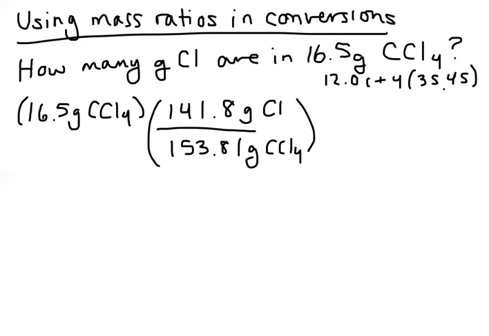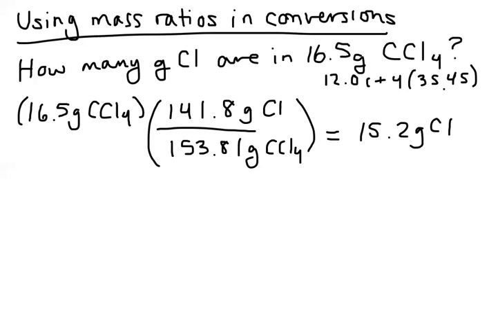And when you do that math, it's going to give you 15.2 grams of Cl. I'll show you the longer way in case you want to do it this way, but I like this shorter version because you're just doing a ratio. You're saying, okay, for every gram of the total, you have this many grams of Cl, and then you just multiply by that ratio to get how many grams of Cl in 16.5 grams of CCl4.